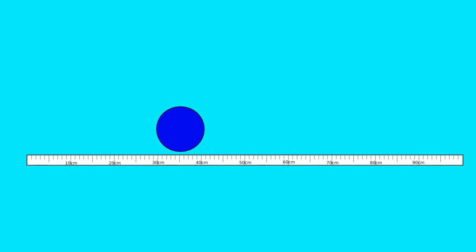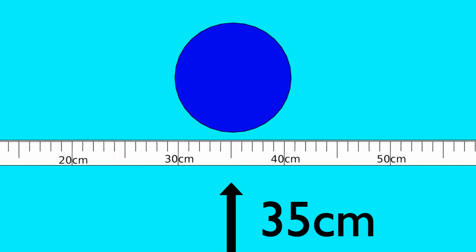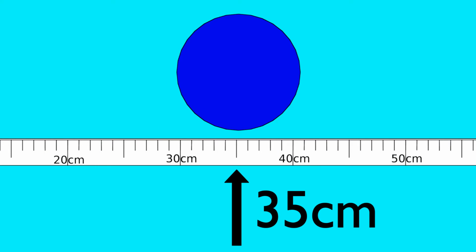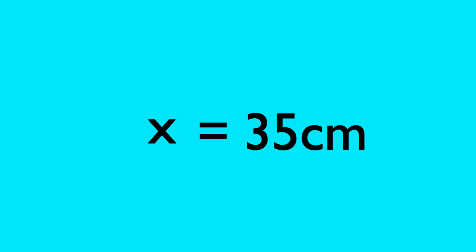If you have an object next to a meter stick, you can give its position by reading off the closest number. In this case, it'd be 35 centimeters. Giving just this one number tells you where it is. We often call this number x so that we can refer to the position in equations by the symbol x.